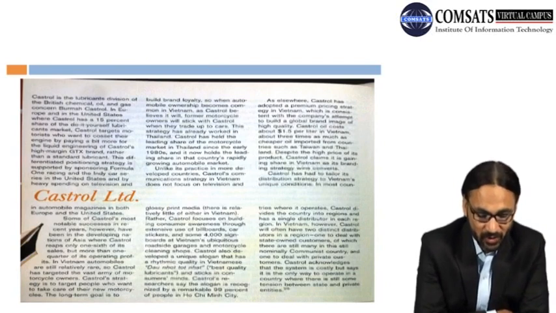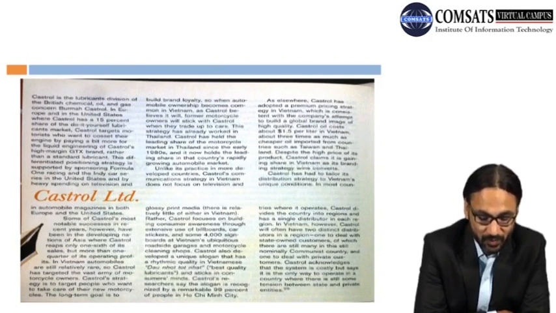Some of Castrol's most notable successes in recent years, however, have been in the developing nations of Asia, where Castrol reaps only one-sixth of its sales, but more than one-quarter of its operating profits. In Vietnam, automobiles are still relatively rare, so Castrol has targeted the vast army of motorcycle owners.